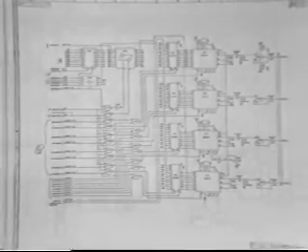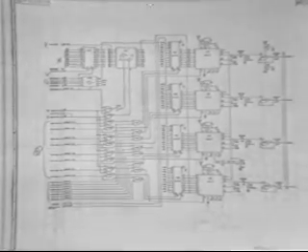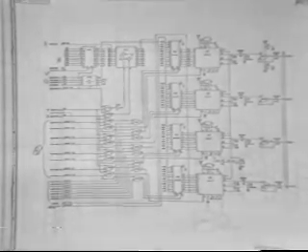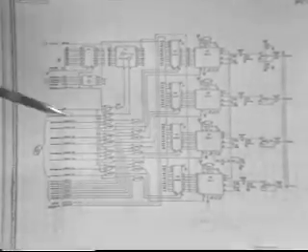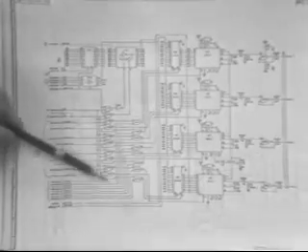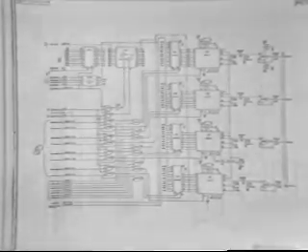The RAMs, the lookup tables, are 2K RAMs, 8-bit wide for data and 12 bits wide for address. This area here is called the strobe selector.